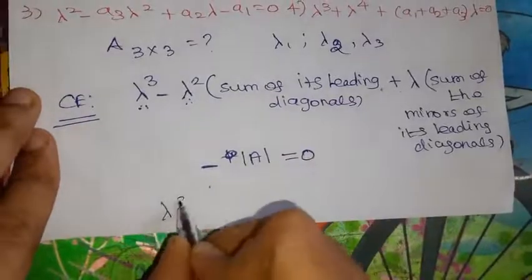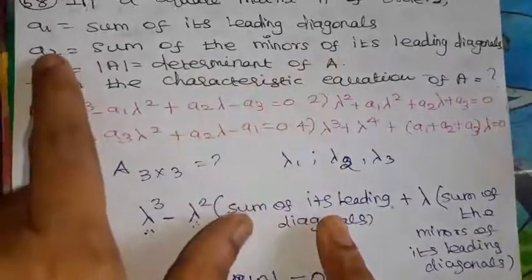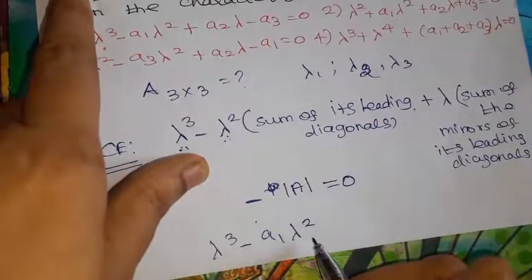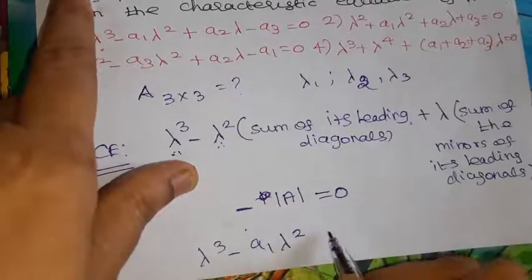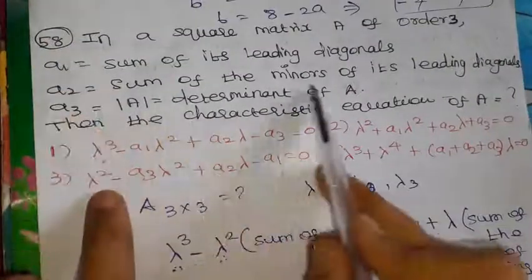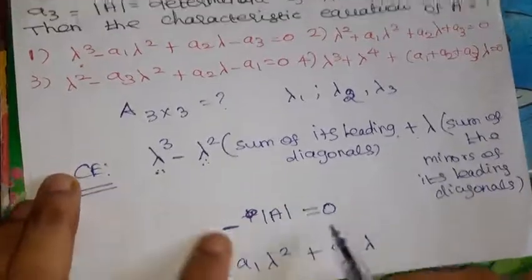So lambda cube minus the sum of its leading diagonal, which is given as A1, so A1 lambda square. This is the procedure to form the characteristic equation for any 3 cross 3 matrix. Then the sum of the minors of its leading diagonals equals A2 lambda.